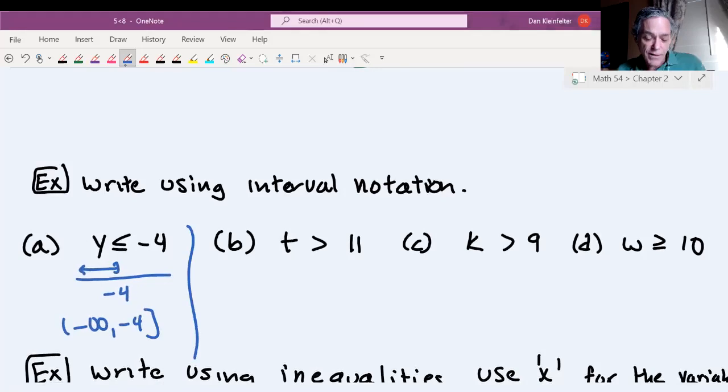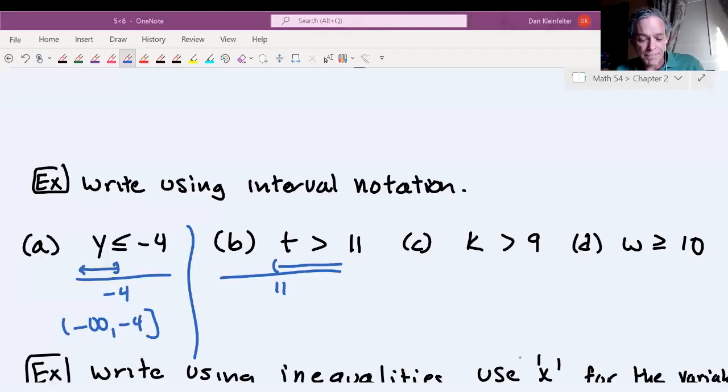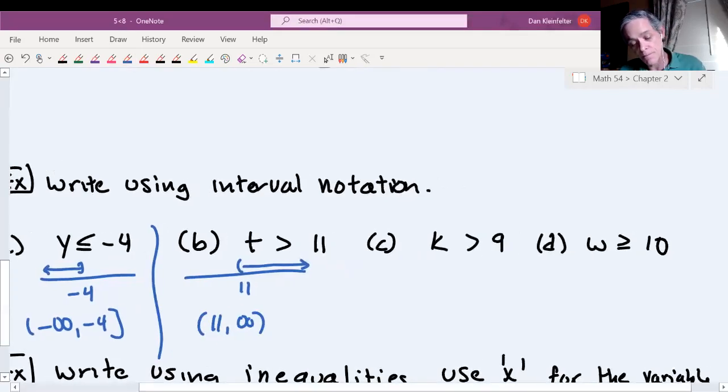For t greater than 11, sorry about that. So we'll have 11 on the number line, and we want everything to the right of that, and a parenthesis because it's strictly greater. So this will be left parenthesis 11 up to infinity.